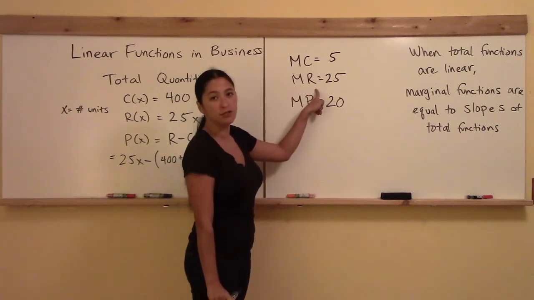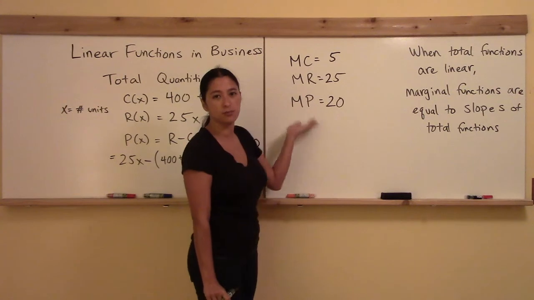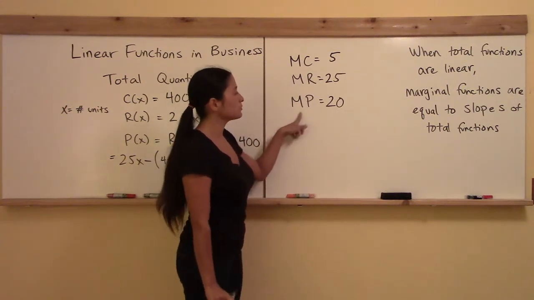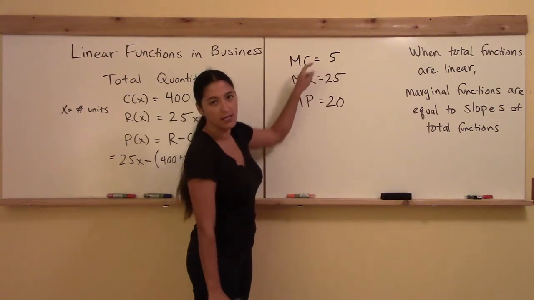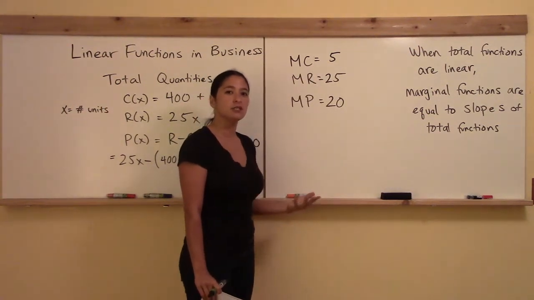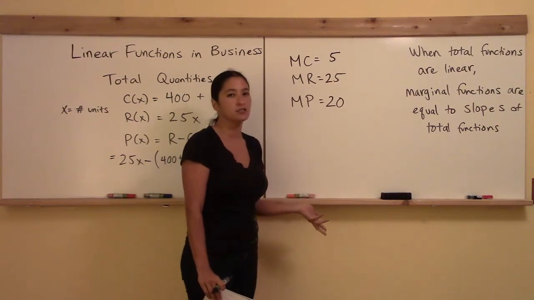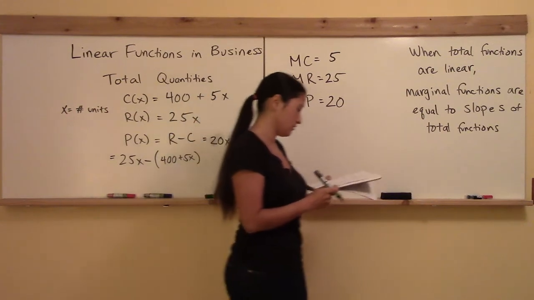My marginal revenue, I'm going to make $25 additional for every extra book that I sell. And marginal profit, well, because I sold it for $25 but it cost me $5 to make, I'm going to get $20 in profit for each additional unit of X, each additional book that I sell. So that's what the marginal quantities mean in general.